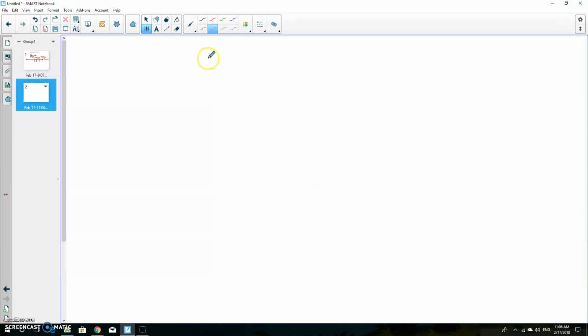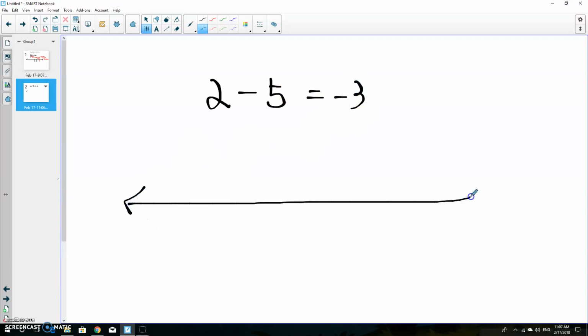Okay, so let's look into another scenario. Let's say we start with 2 again, but this time we're going to subtract 5. So hopefully without a calculator we can do it. 2 minus 5, it should be negative 3. And I'll show you visually what it means. Okay, so we start with 0. That's where it starts. In the beginning, always have the 0 in the middle. I start with 2.